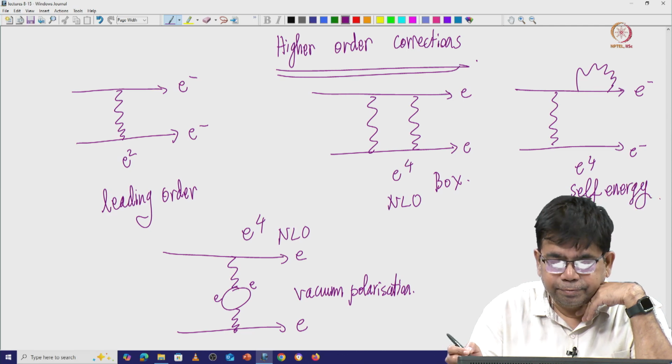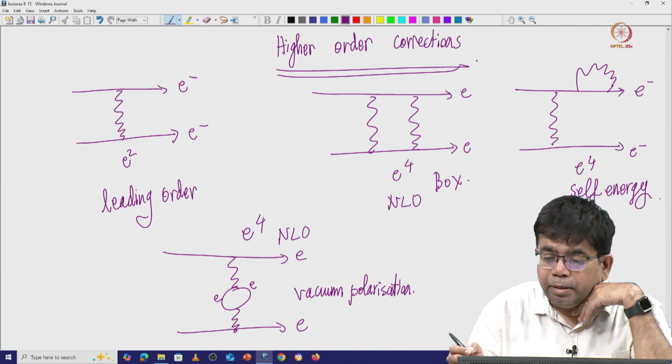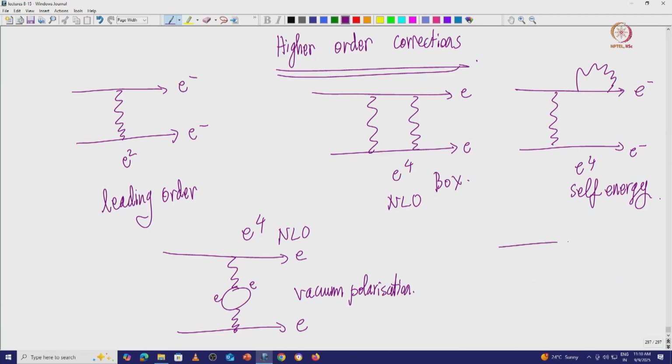Then you can have a diagram which is called vertex corrections. So a simple process will have all these classes of higher order diagrams.